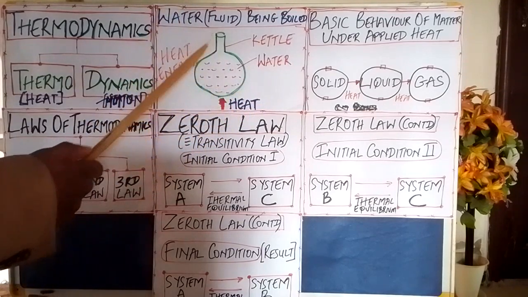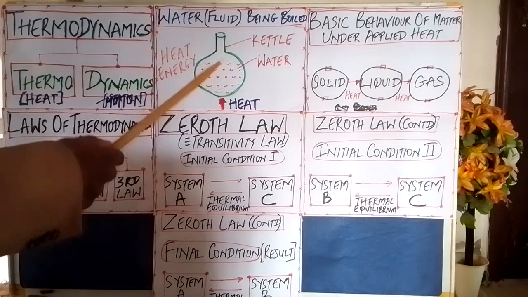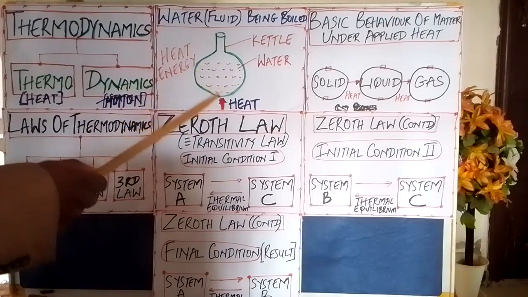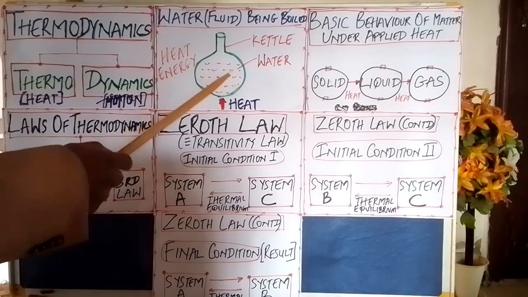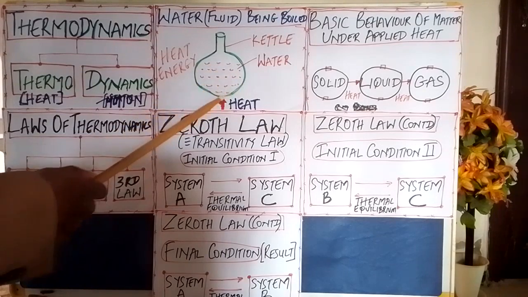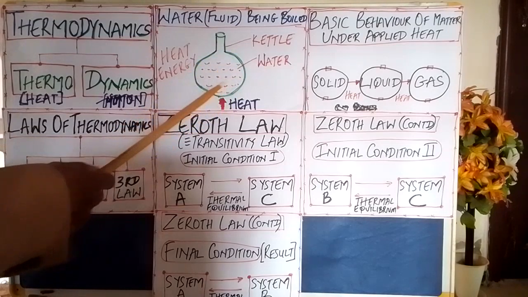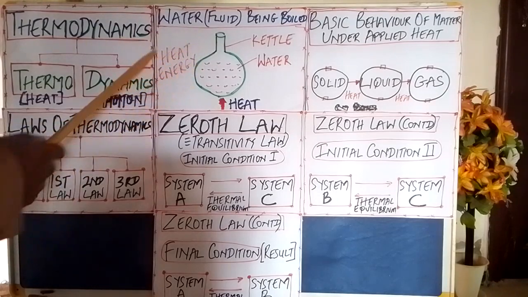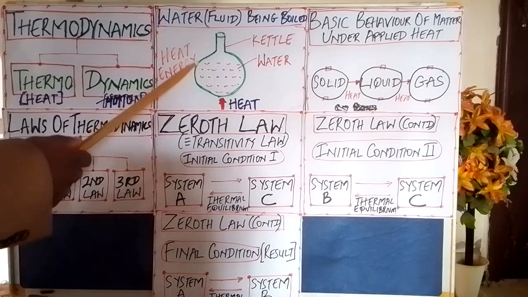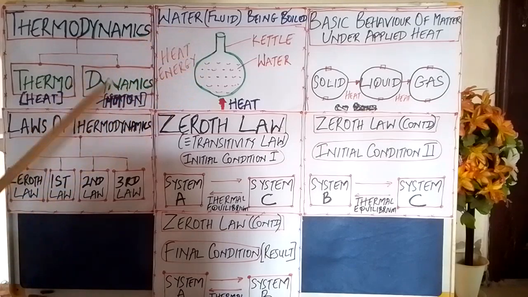When you apply the heat, the particles of the water will be in motion. The heat will change the state of the particles of the water, and they keep on moving. At a stage, it becomes hot, because the whole idea is to bring about heat energy. The energy will be generated via heat, and we have explained what energy is with respect to the law of conservation of energy.